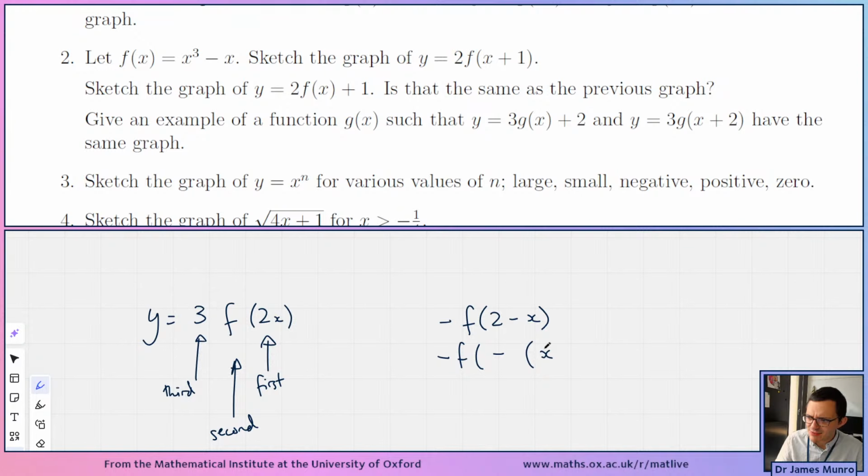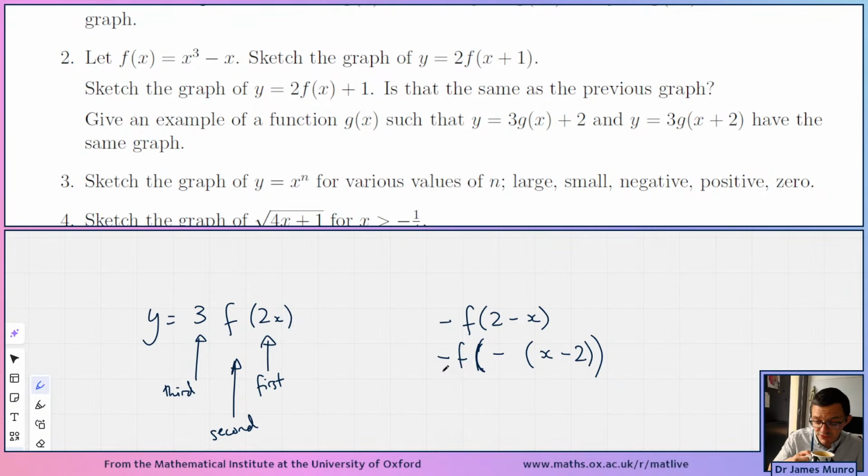I'd like to have x somewhere in there, and there's a minus sign in here, so I think I'd like to write it like this, which makes me think, because of all the brackets, that x minus 2 is the first thing that's happened, then a minus sign is the next thing, then f has been applied, and then a minus sign finally to flip it upside down at the end.